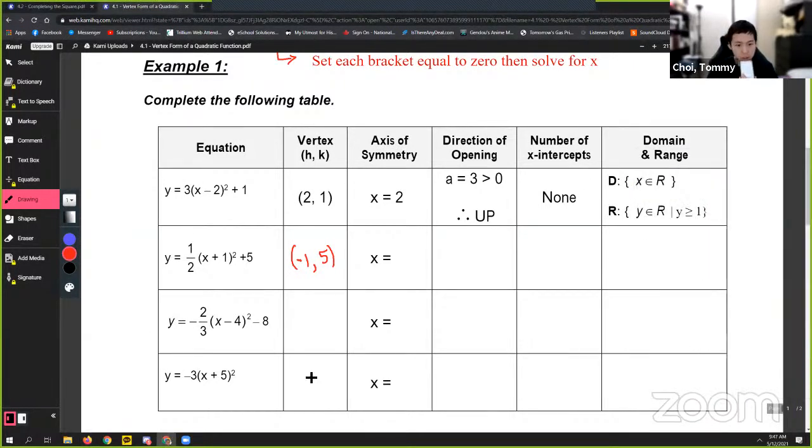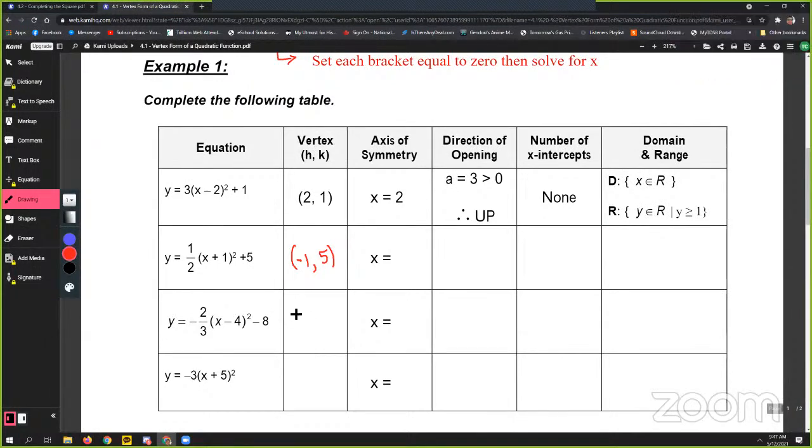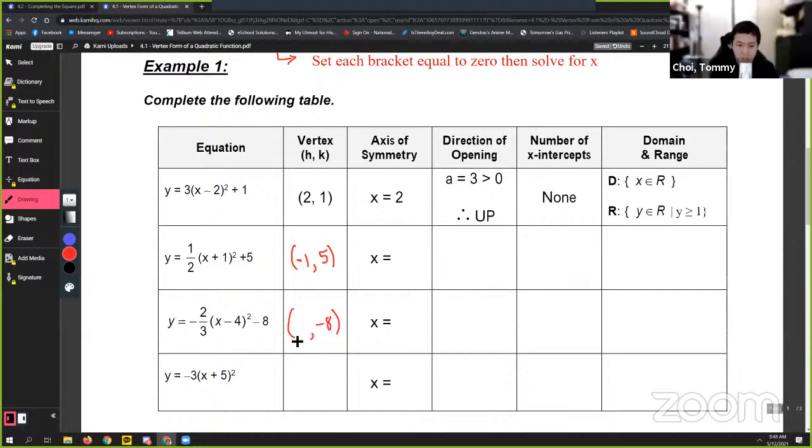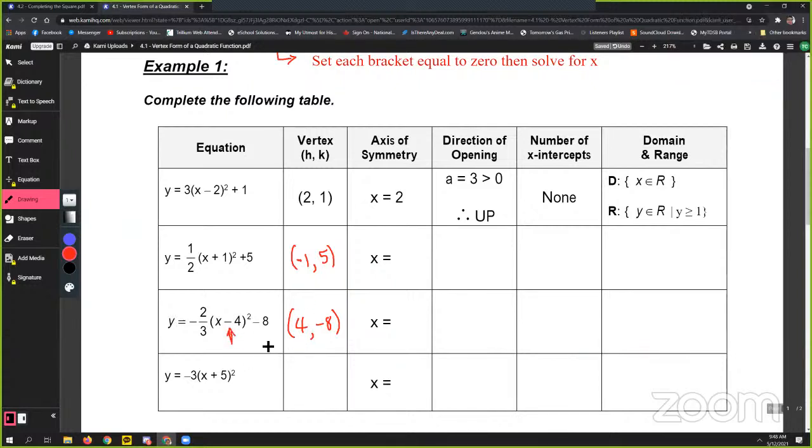So Ashley, what is the vertex for our next one here? Negative 4 and negative 8. Close, not negative 4. Just 4. Positive 4, negative 8. Take the opposite sign of this because the h value doesn't include that sign. Very good.